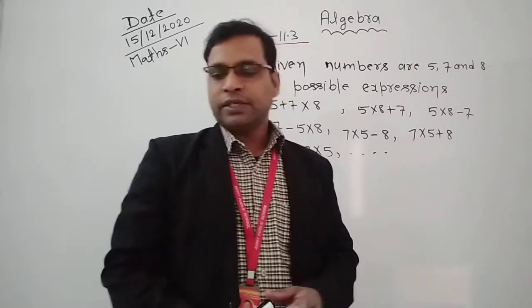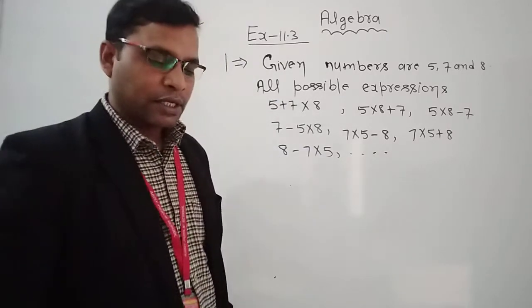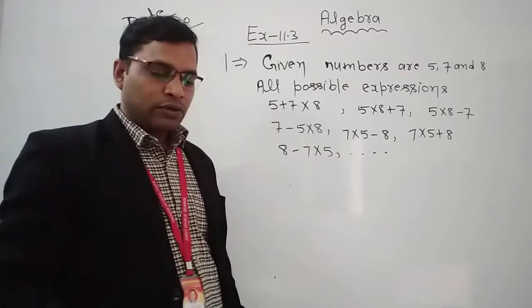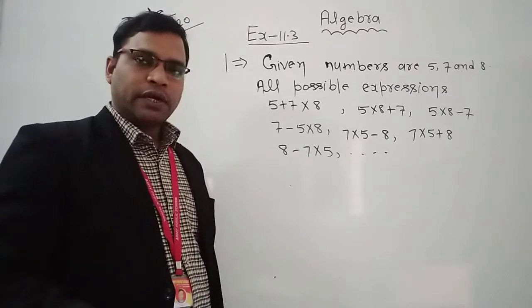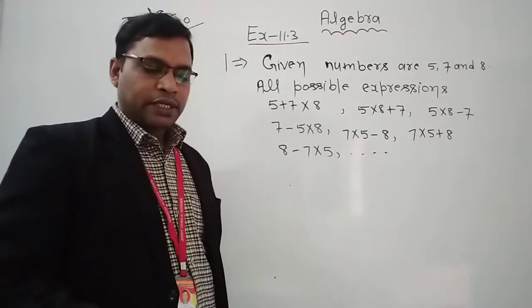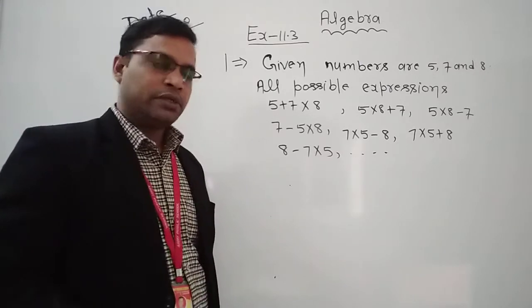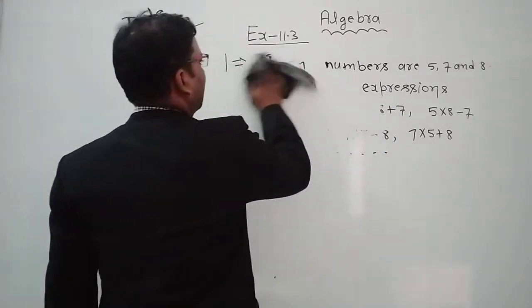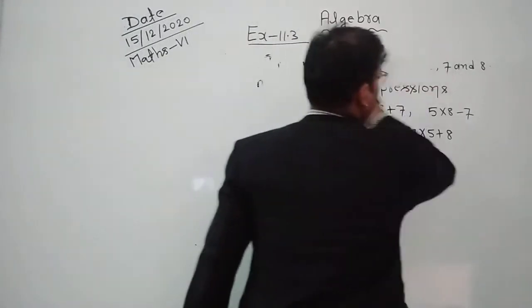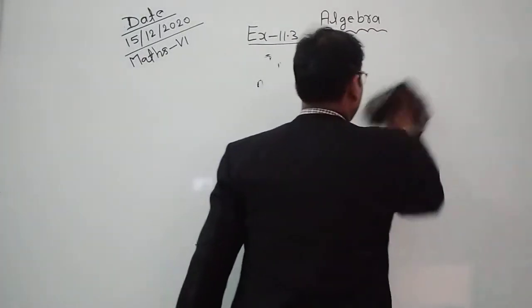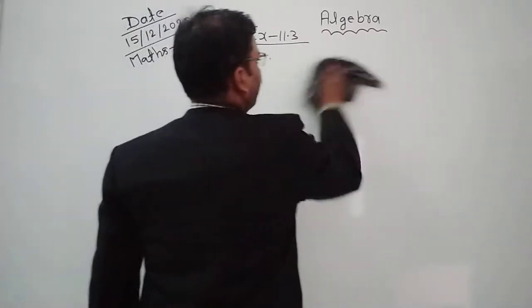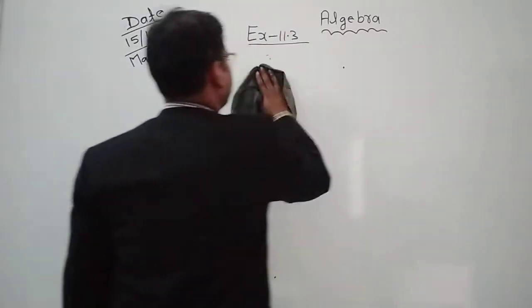So let's see how to identify the operation and how to know how the given expression has been formed. I hope all of you understood question number 1. Now we are going to discuss question number 2.